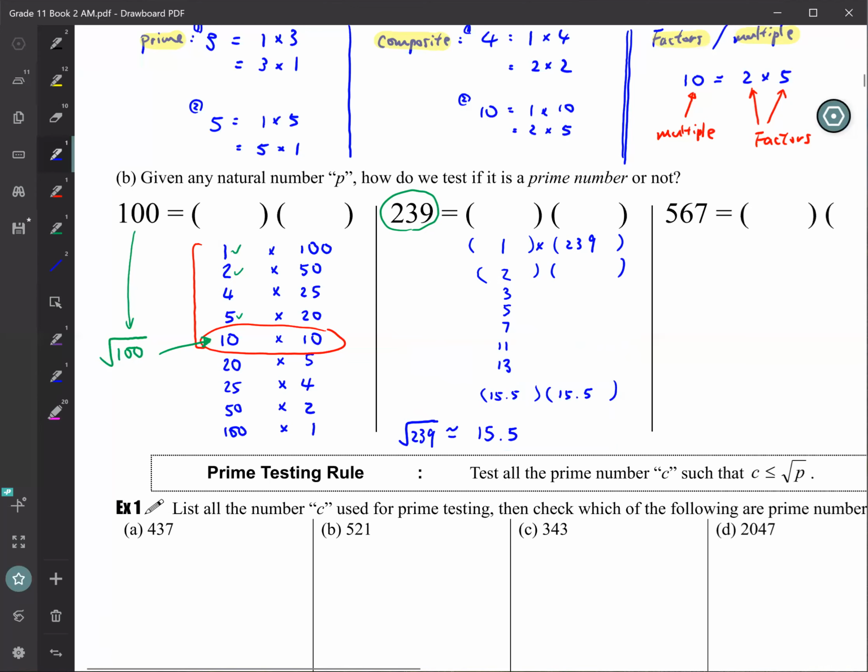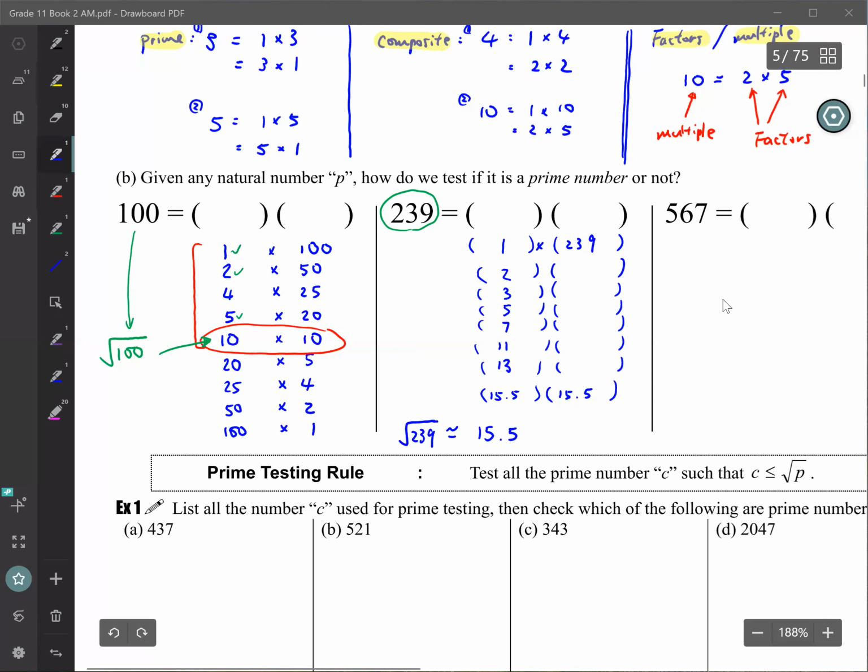So you just need to divide each one. See if any of those can be divisible, right? If any of those are factors of 239. Okay, so you guys can start checking, right?